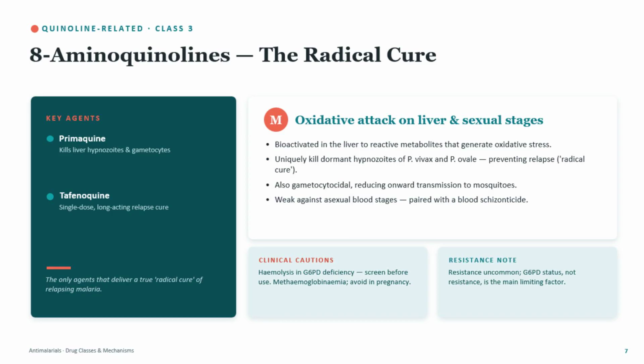The critical safety point I never want you to forget: they cause hemolysis in G6PD deficiency, so you must screen before use. And notice that here the limiting factor is G6PD status, not resistance.